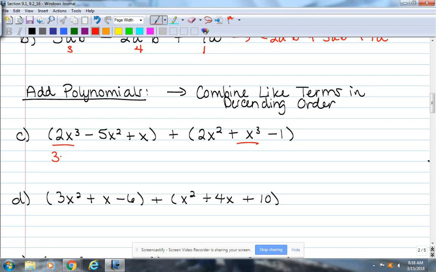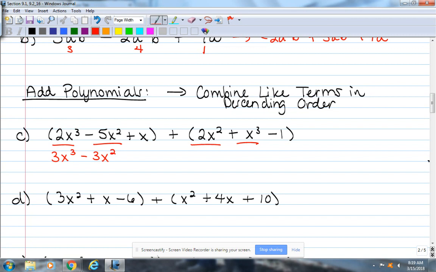We don't change the exponent when we combine like terms. Never change your exponent when you're just combining like terms. And then what's my next highest exponent, y'all? X squared. So I have a negative 5x squared plus 2x squared. What is negative 5x squared plus 2x squared? So I put minus 3x squared.